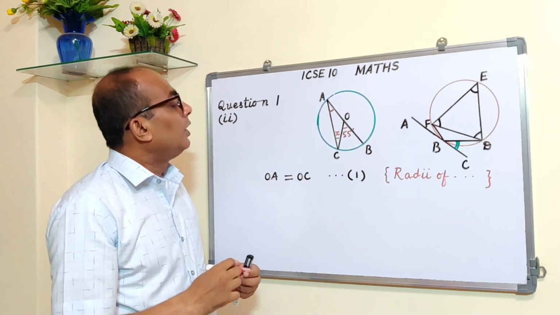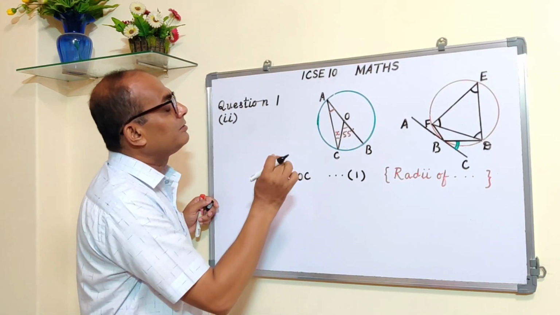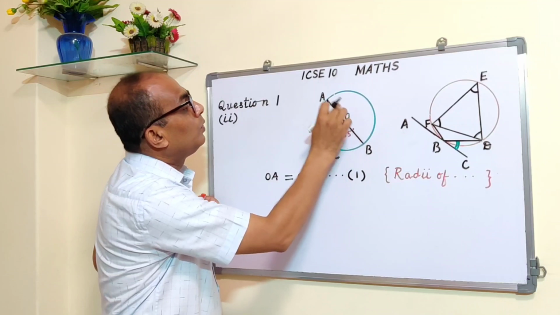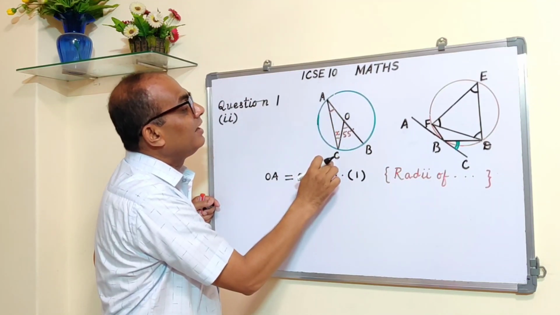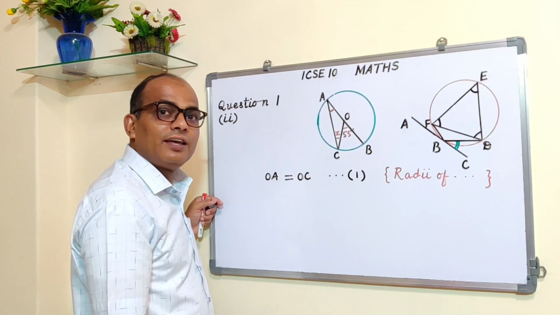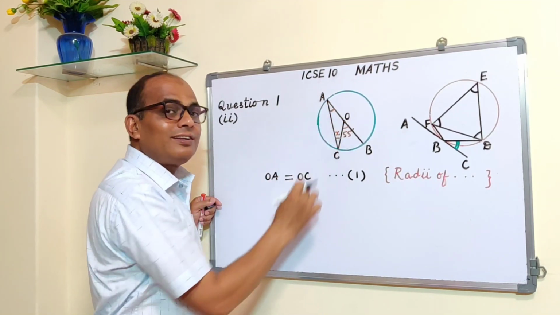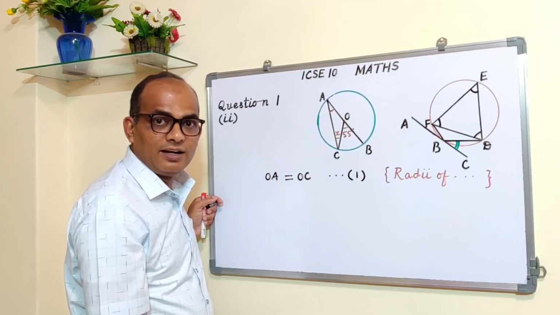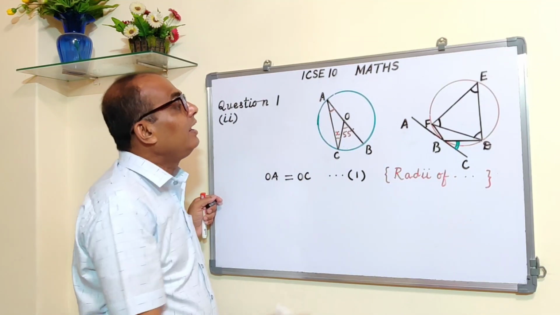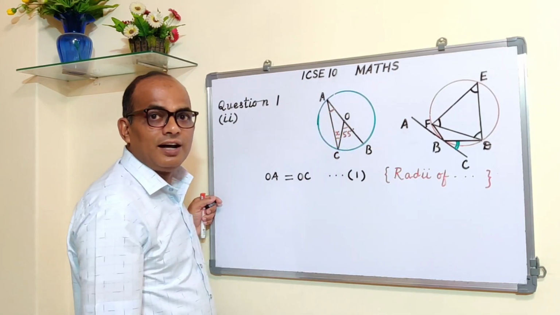Fine. Okay. Now we write down, can we say that angle OAC is equal to angle OCA? We can say. How? Because these two sides are equal, that means it is an isosceles triangle, and in a triangle angles opposite to equal sides are equal.